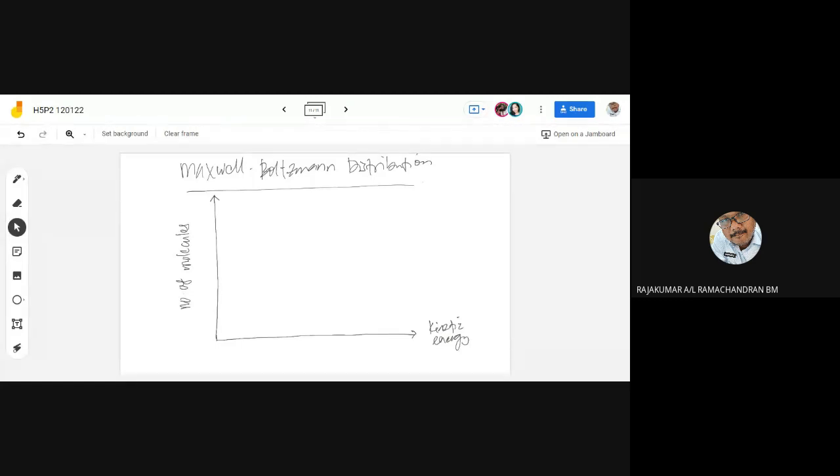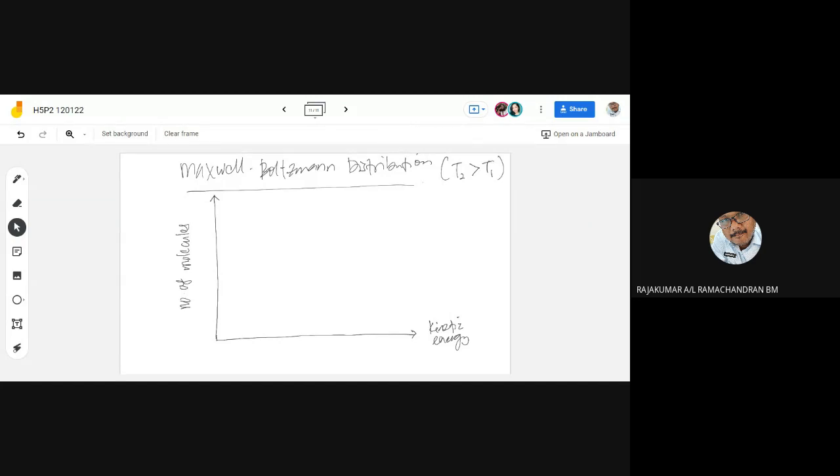Okay, now we will have two temperature. Let's say we have T2 and T1. And the condition we set here is T2 greater than T1. Okay, T2 lebih besar daripada T1. Okay, so kita akan lukis curve T1 dulu.